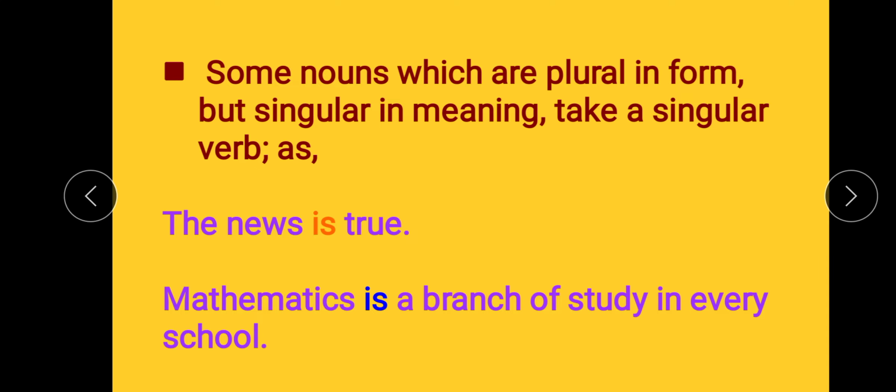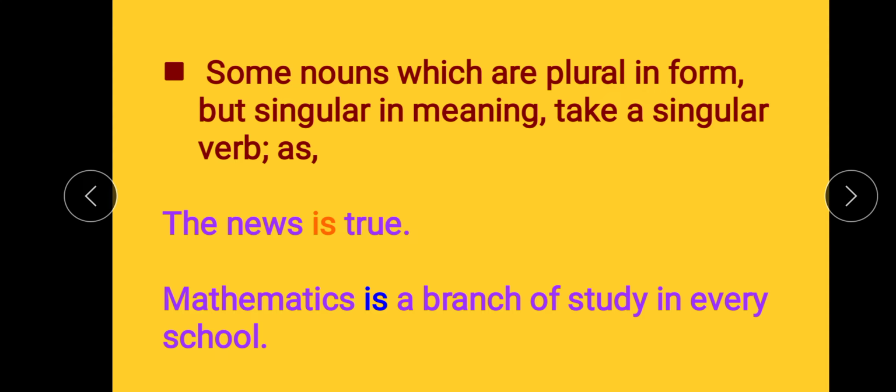Now next rule, some nouns which are plural in form but singular in meaning take a singular verb. Some words end with s, and we think these words are plural, but actually they have singular meaning, and these types of words always take a singular verb.